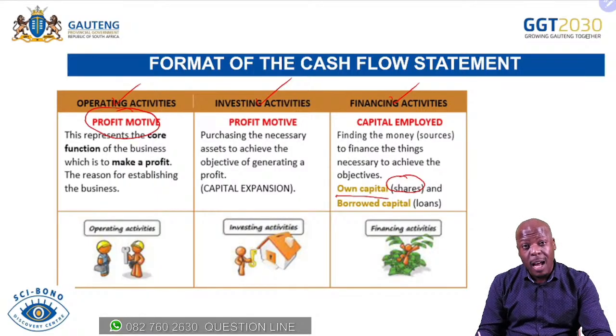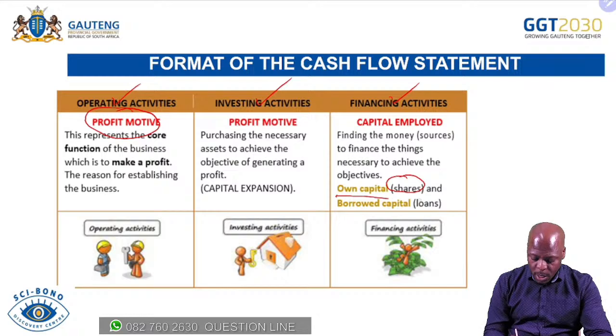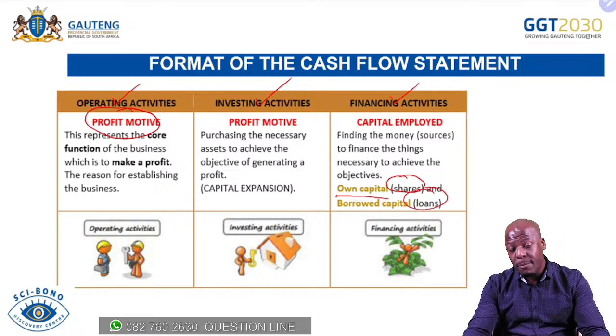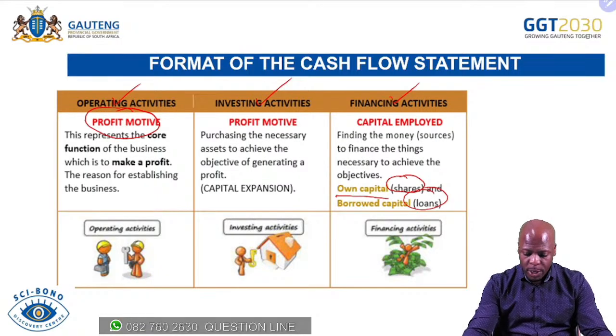And the second type of finance is from borrowed capital, all right? And this comes in the form of what we call loans. So remember that? Two sources of finance. Number one, own capital, which is through shares. Then the second one is when we borrow our capital from financial institutions. So we are talking about loans.